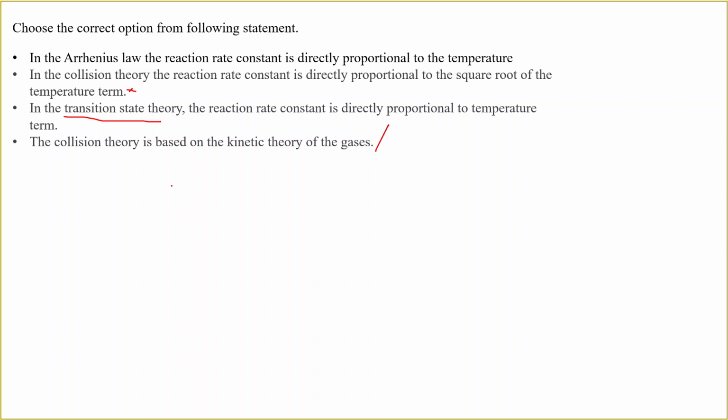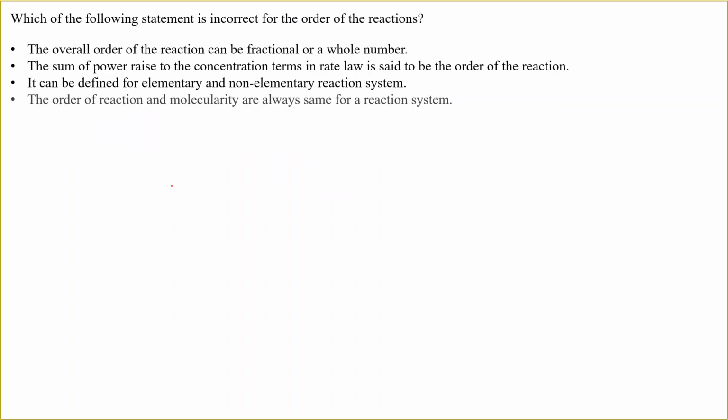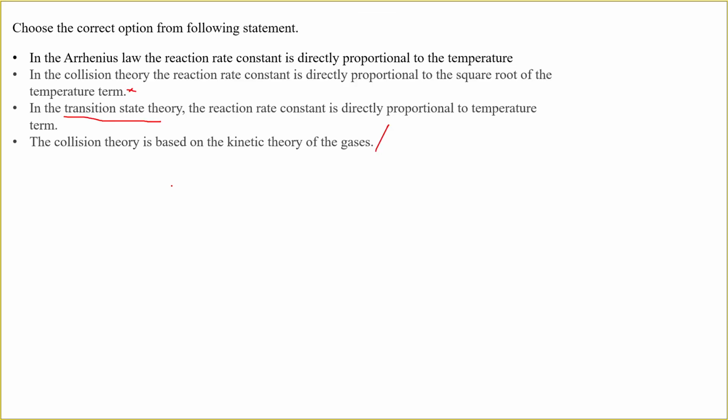Next is which of the following statements is incorrect for the order of the reactions. Certain doubt in the earlier query: though we say collision theory, when we write the rate equation in terms of the square root of temperature and then convert it into logarithmic terms, it converts into a normal form.